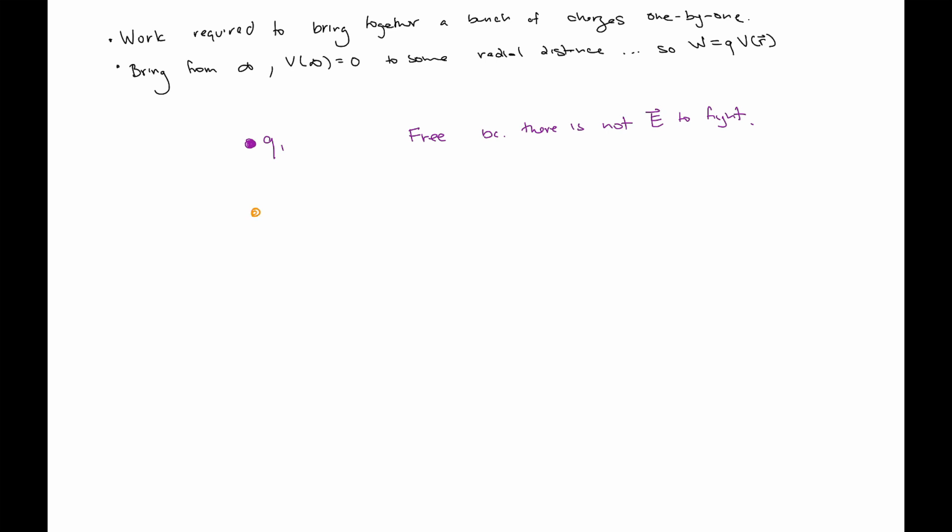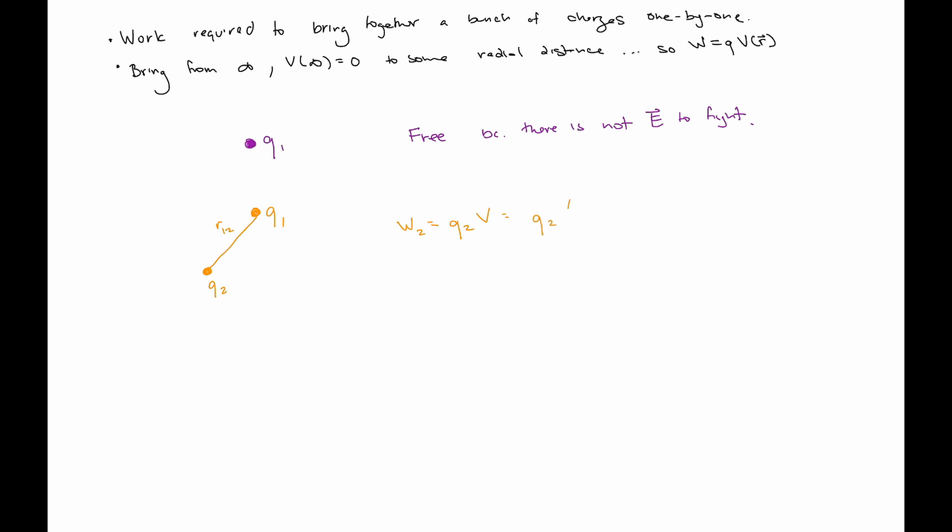Okay, let's do the next one. Now I've got Q1 here, and I'm going to bring in from infinity another charge, Q2, where the distance between them is going to be R12. In this case, I do have to do a little bit of work because I already have the electric field present from that first charge I moved into the space. The amount of work I need to do is Q2 times the potential generated from that first electric field.